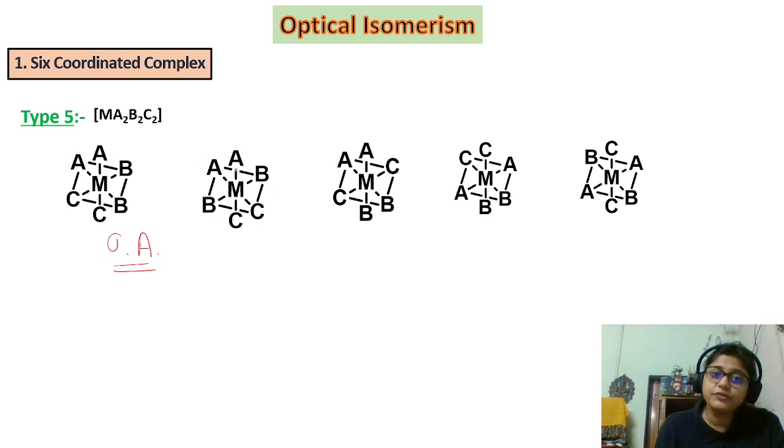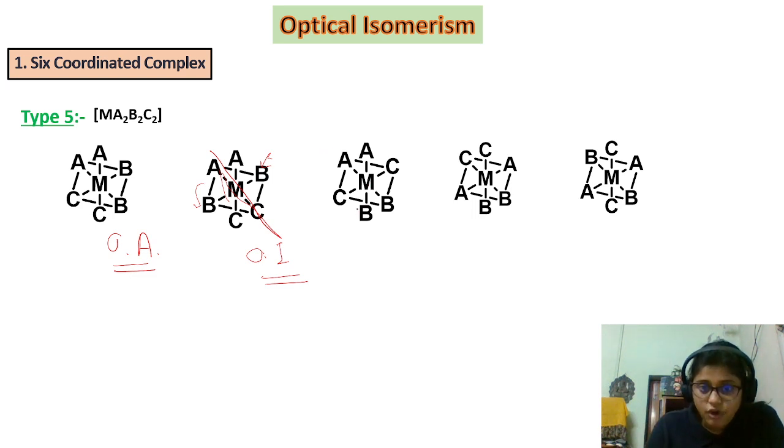I am doing it with you only. You should also practice it. This is not possible. This one is not possible. But if you see through this corner, if you imagine a plane, it will reflect B and B, same. So it will be optically inactive.